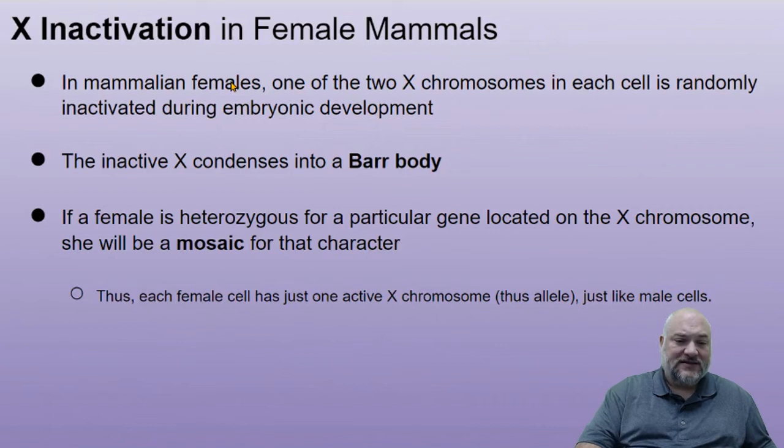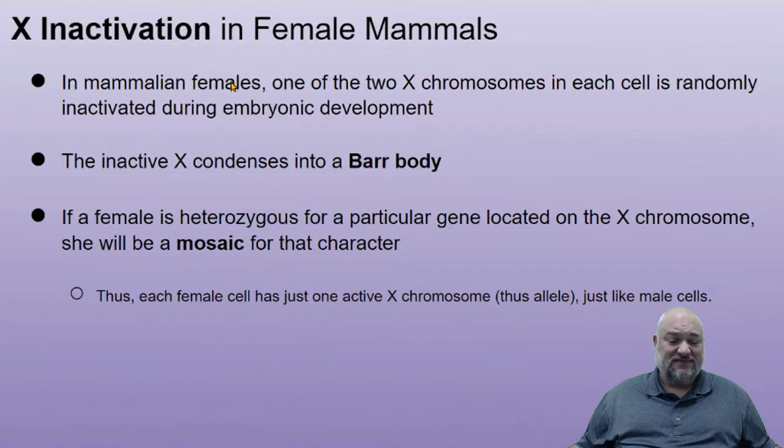The inactive X condenses into something we call the bar body. So if a female is homozygous for a trait that's on her 2 X chromosomes, it doesn't matter which X chromosome gets deactivated, you're going to show the same trait in every cell. If, on the other hand, you are heterozygous for that trait that's on your X chromosomes, it does matter which chromosome gets deactivated.